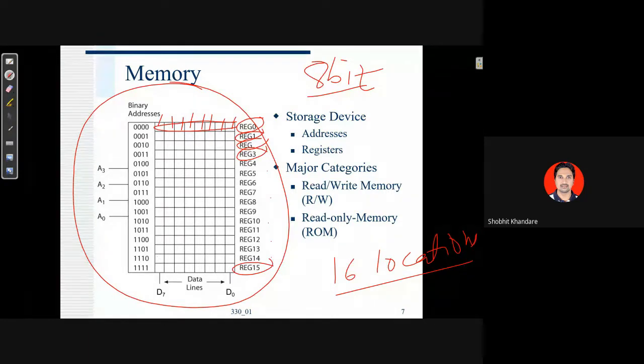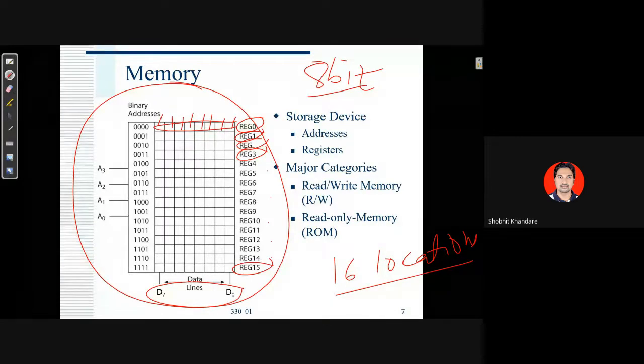Now to store the data into the location, we use the data bus. Can you see the data bus is given as D0 to D7? So your data bus will bring 8 bit of data and that can be stored at each location.